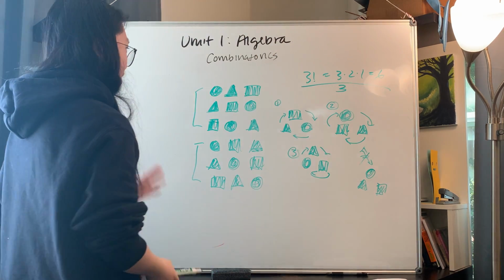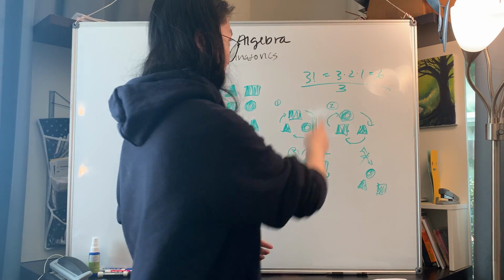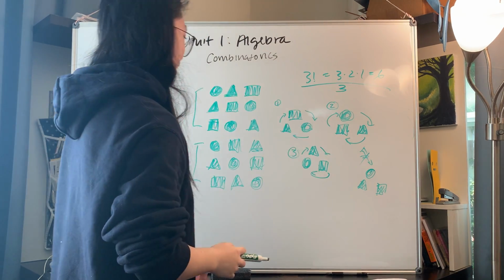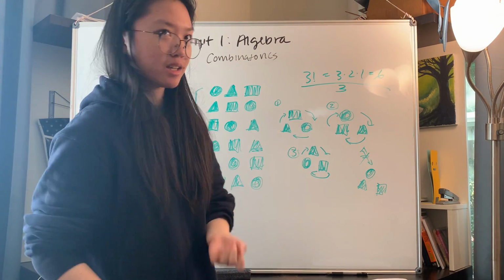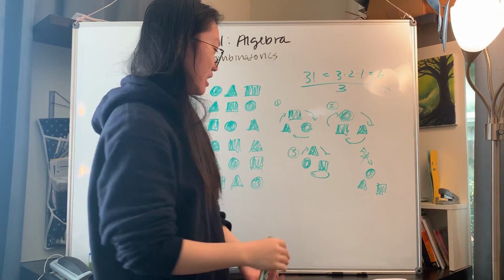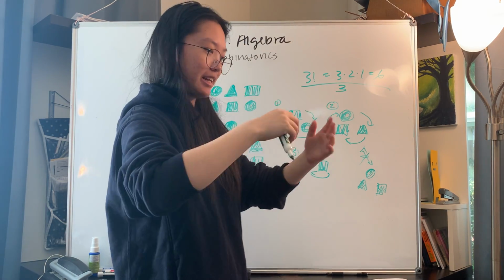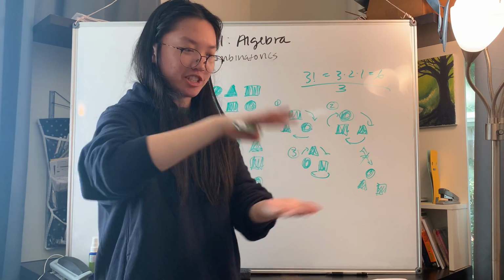All right, so if we had 3 shapes in a circle, then there would only be 2 different combinations. But it gets even more tricky when we're talking about keychains, because in a keychain, you can also flip it over. So instead of just rotating it like in a circle, you can also reflect it against itself.